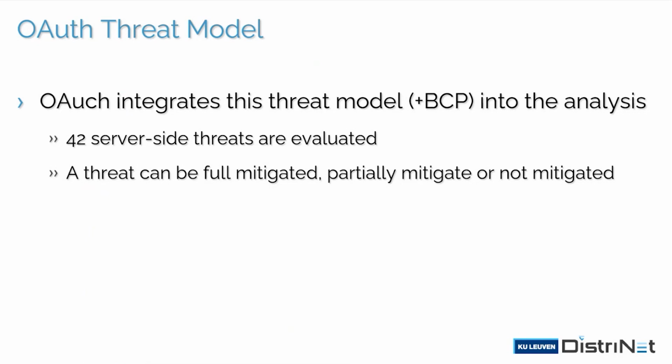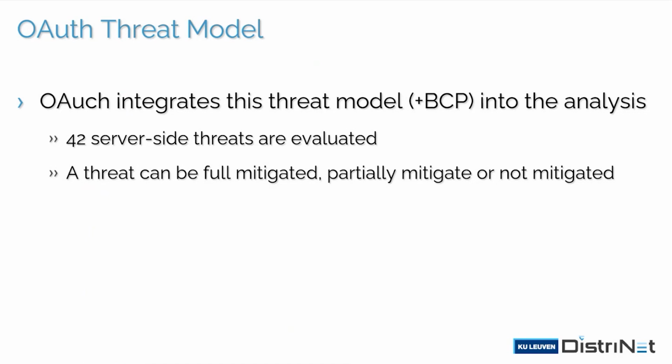Each threat is assigned one of 3 categories. Either a threat is fully mitigated. This means the threat model says these are the potential countermeasures for this threat, and you've implemented all of them. It can be unmitigated. This means the threat model lists a number of countermeasures, and you've implemented none of those. Or it can be partially mitigated.